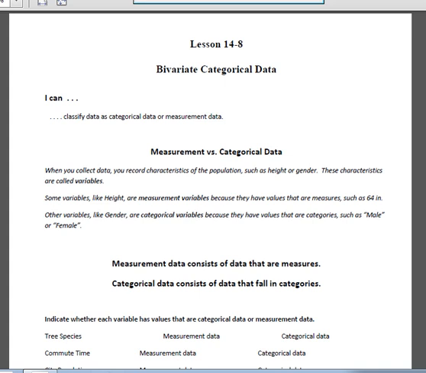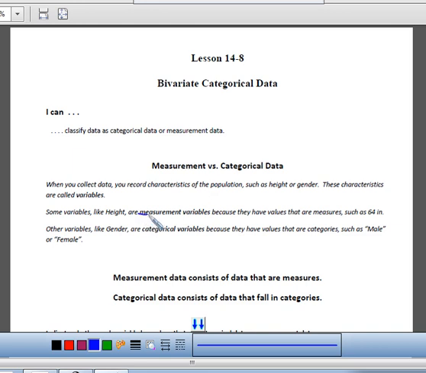Some variables, like height, are measurement variables because they have values that are measures, such as 64 inches. So measurement variables or measurement data are values that can be measured. Other variables, like gender, are categorical variables because they have values that are categories, such as male or female.